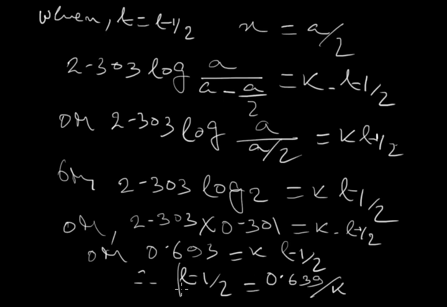This is very important. The half-life period of a first order reaction is 0.693 by k. It doesn't contain any concentration term, so it is a constant value. For any first order reaction, t half is constant.